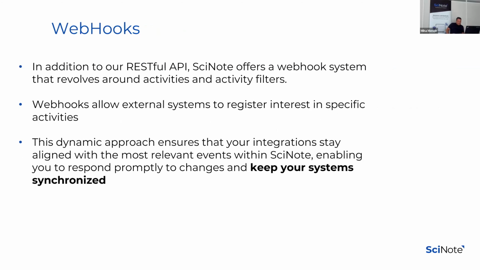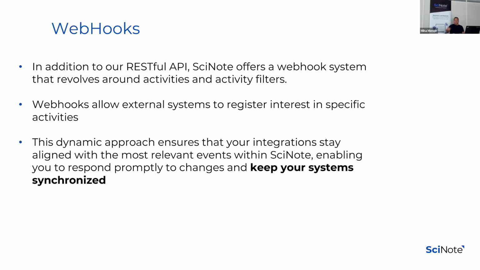I just wanted to mention webhooks. Webhooks are a complementary mechanism to the API. They're usually referred to as an inverted API. The difference between the API and webhooks is that the API is usually a passive system.